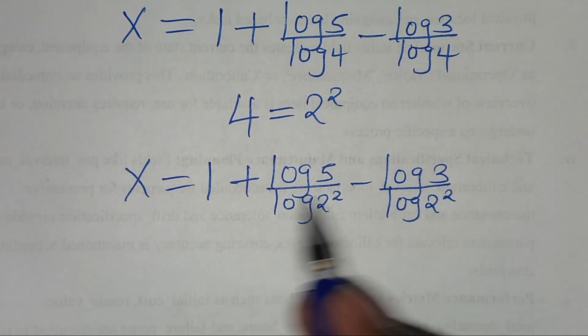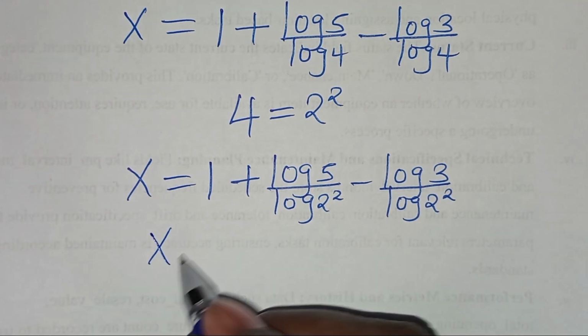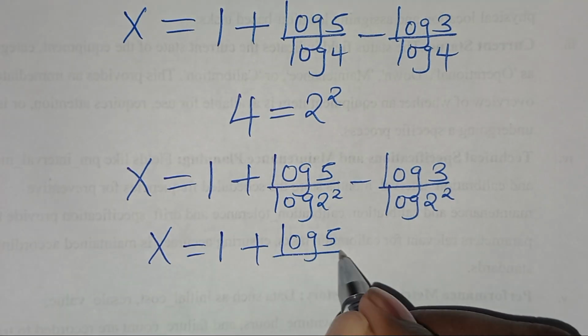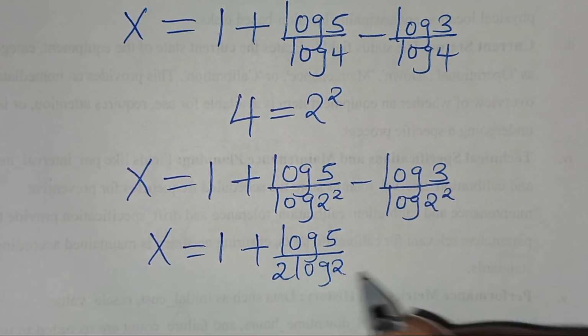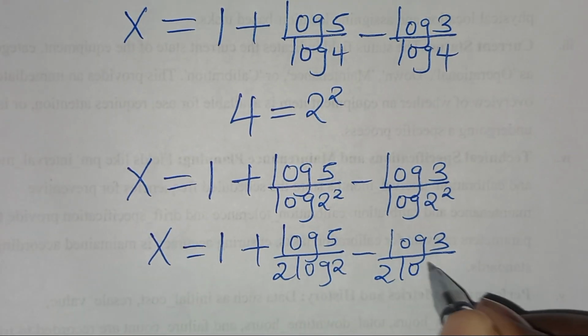Now the next step from here is that log 2 to power 2, by applying the power rule property, we can express as 1 plus log 5 divided by 2 log 2 subtract log 3 divided by 2 log 2.